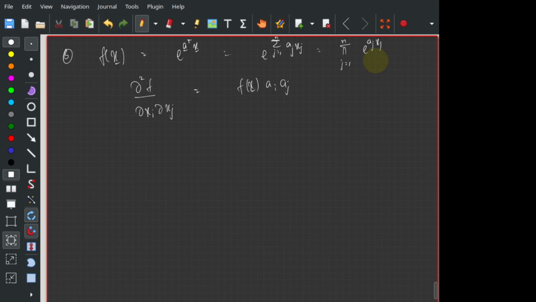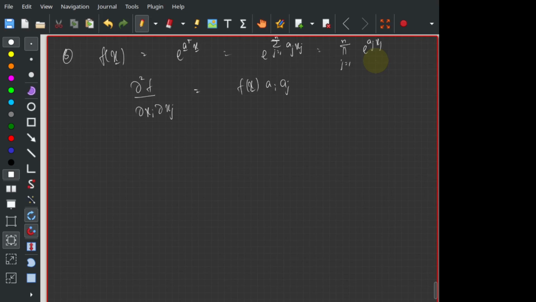What is the partial derivative of this with respect to, say, xi?